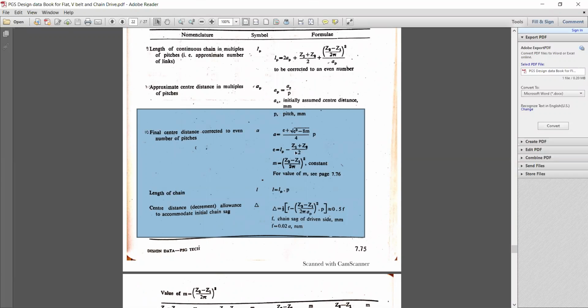E is equal to Lp minus (Z1 plus Z2) by 2. M is equal to ((Z2 minus Z1) by 2 pi) whole square. Similarly, you can calculate the value of M, or you can assume a standard value from PSG page number 7.76. As we have the values of Z2 and Z1, we can go for the calculation.